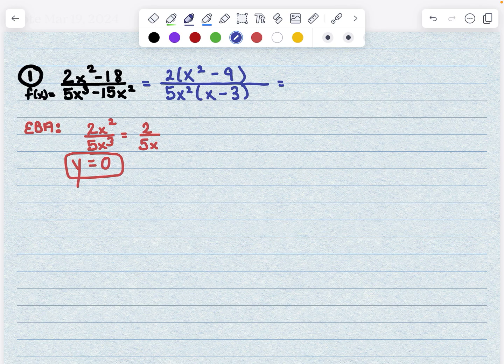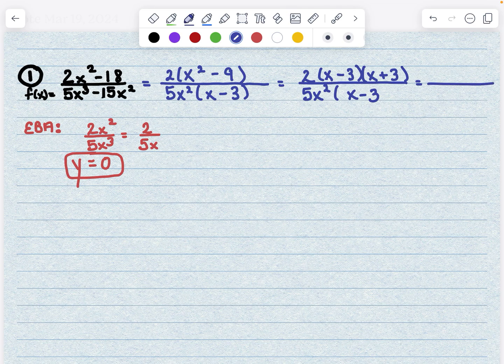And I'm going to notice that I have a difference of 2 squares in the numerator. Oops, I don't know why I put 2. 2 times x plus 3 and x minus 3, and 5x squared, and then x minus 3.